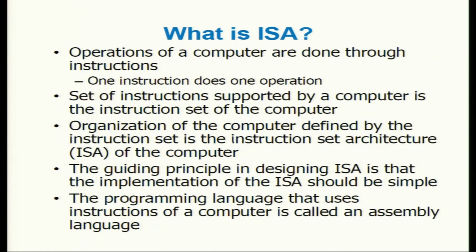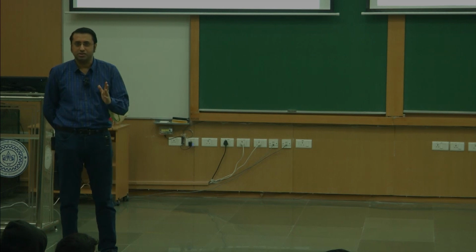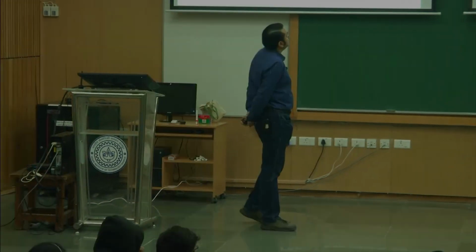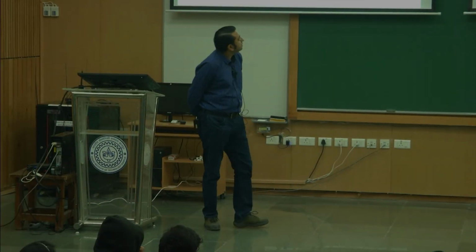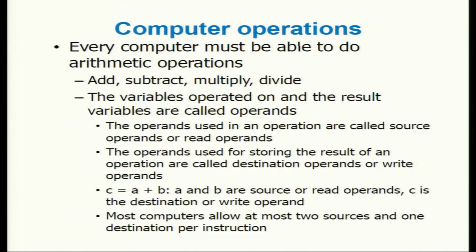The programming language that uses the instructions of a computer is called an assembly language. It's a slightly different kind of language which deals with instructions directly as opposed to high-level language constructs. Very simply speaking, every computer must be able to do arithmetic operations like add, subtract, multiply, divide.